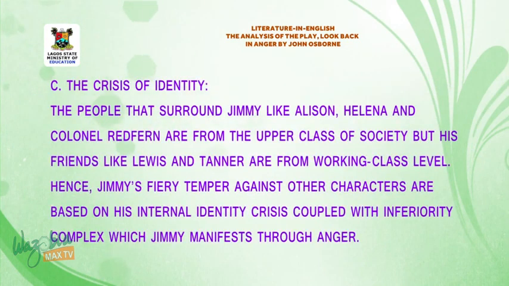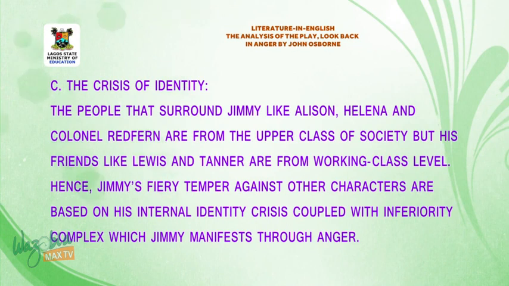Another theme is the crisis of identity. The people that surround Jimmy, like Allison, Elena, and Colin Redfern, are from the upper class of society, but his friends like Lewis and Turner are from the working class level.